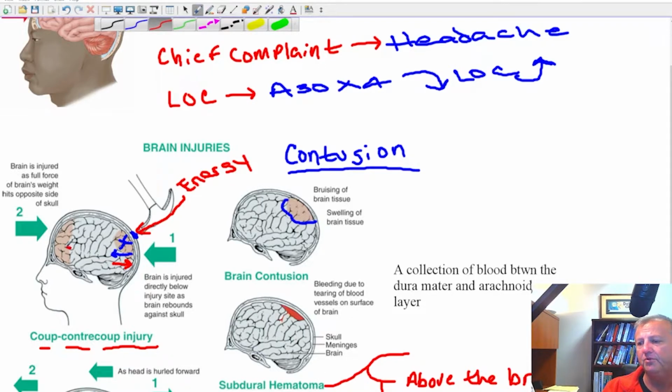And so it's being moved and it could strike this side of the skull, being the opposite side. So even when we don't suspect a frontal brain injury, we can have one.